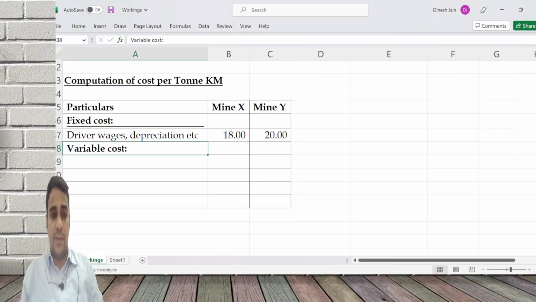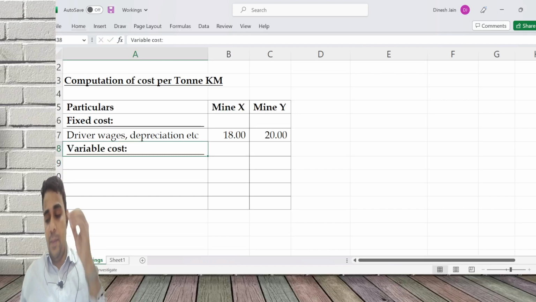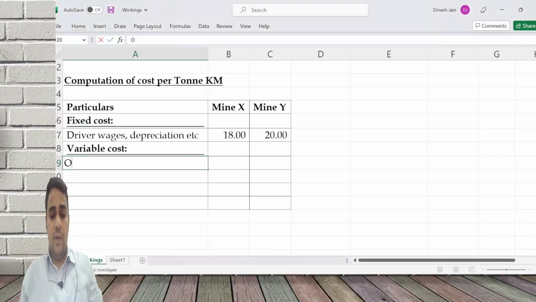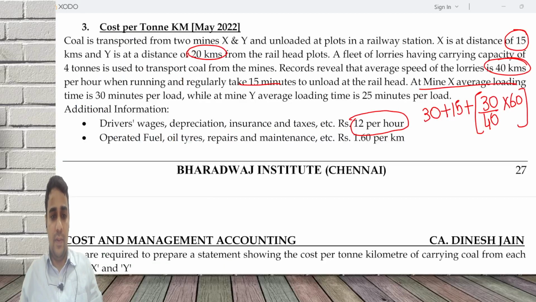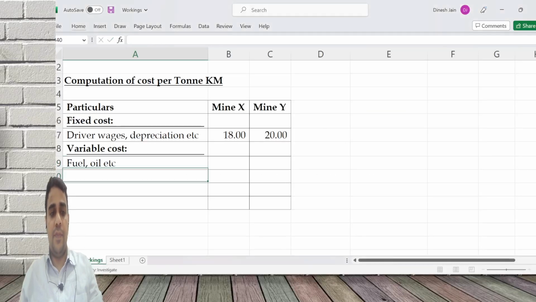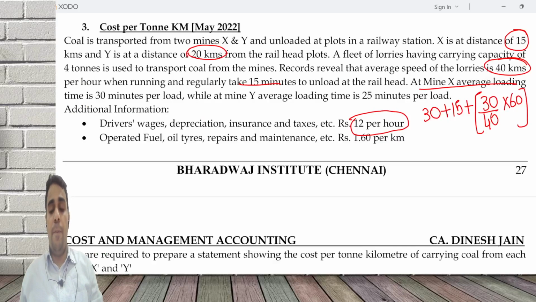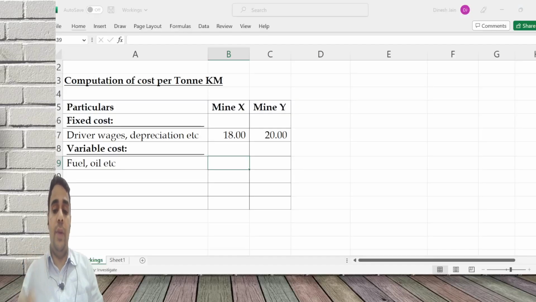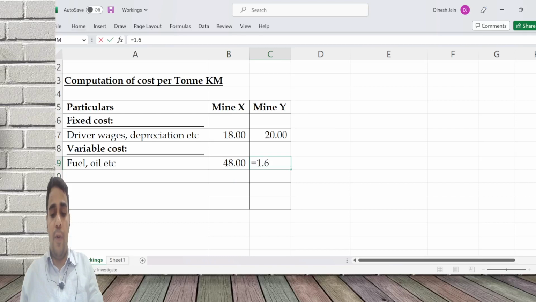Variable cost. Operating fuel, so whatever name they have given, fuel, oil, etc. is 1 rupee 60 paise per kilometer, not per ton kilometer, it's per kilometer. So 1.6 into 30 kilometers and 1.6 into 40 kilometers.